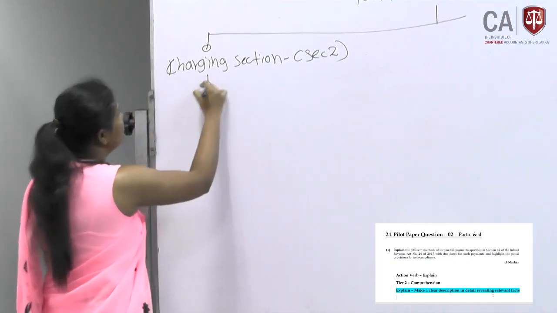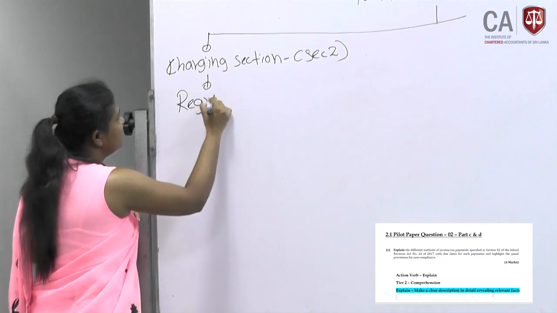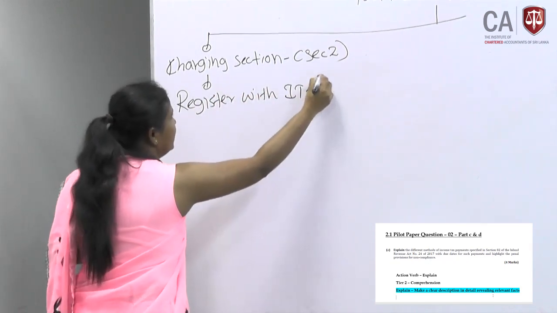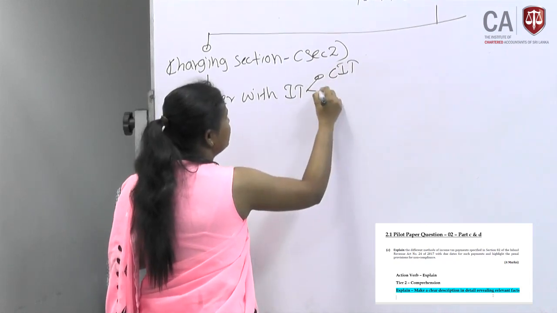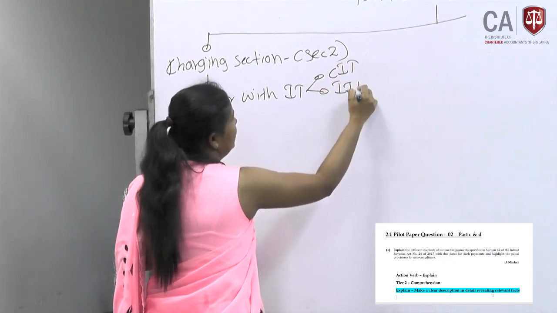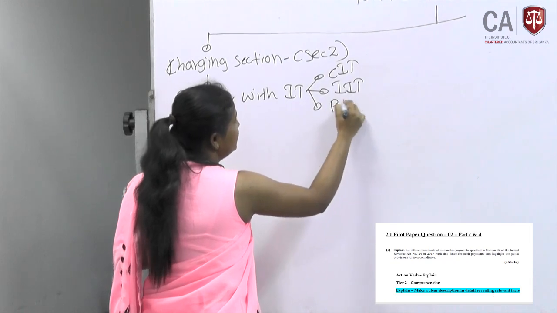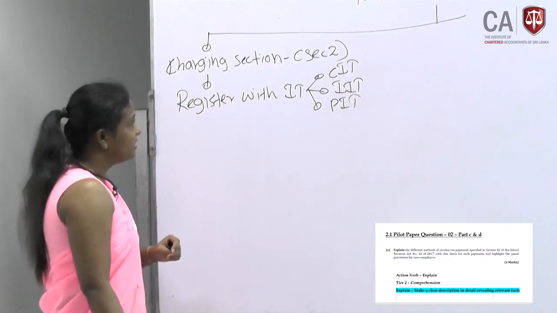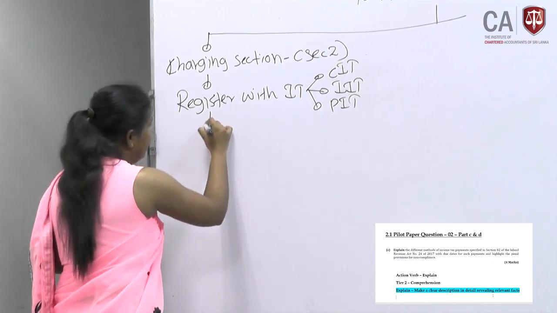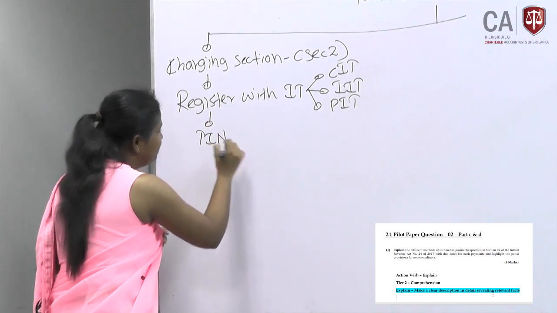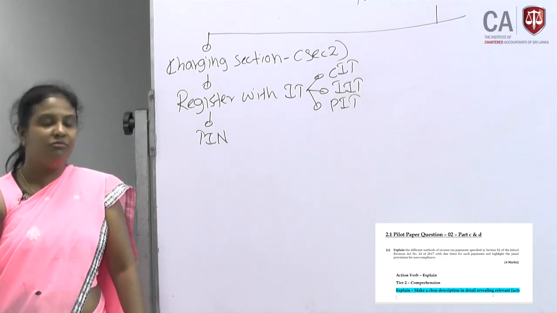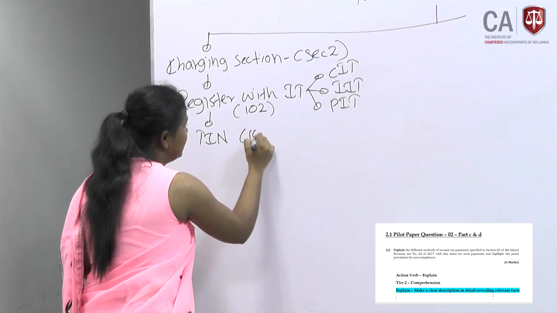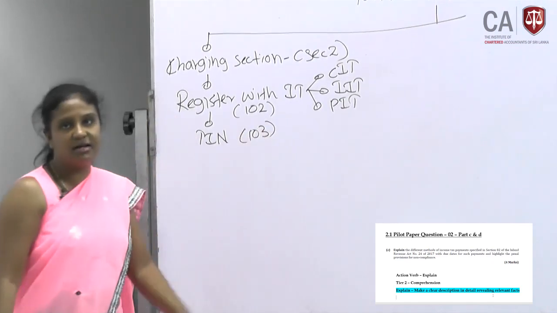If so, you have to register for income tax, maybe CIT, corporate income tax, maybe IIT, individual income tax, maybe partnership. Registering means you need to take a taxpayer identification number, which is a TIN. This is in section 102 and this is in section 103 of the Act.